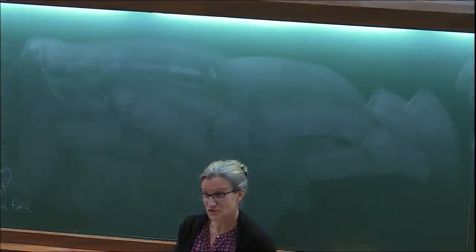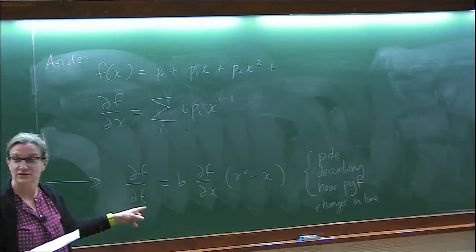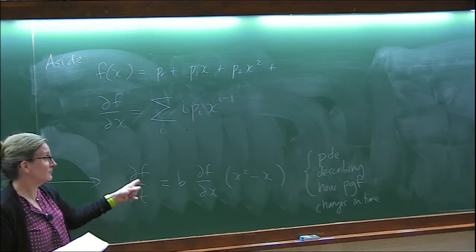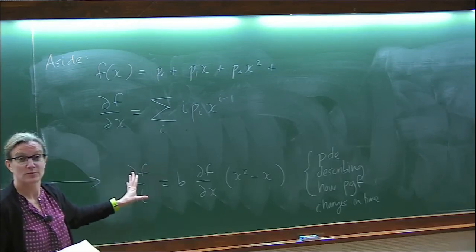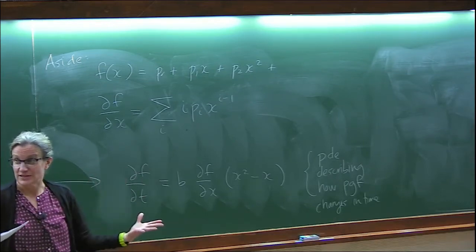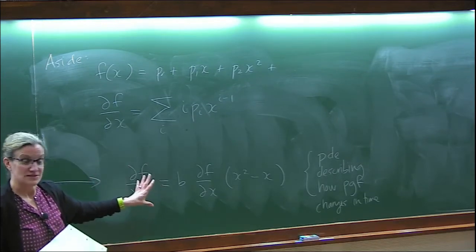And then we do all sorts of things because then we can evolve it out in time to a certain time that we care about, to a time when the population bottleneck occurs, whatever. And this is what we get from a pure birth process, but you can imagine all the different processes that you could put in and how they change in time, and then you can derive these equations and go from there.